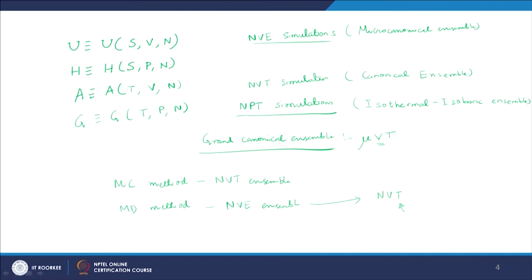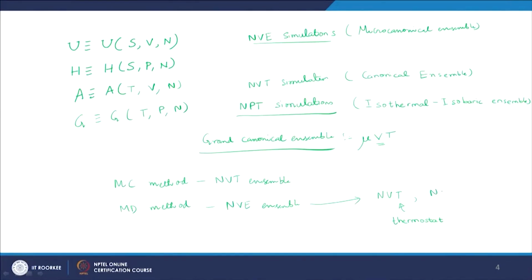Now I want to control the temperature, so I will use something known as a thermostat that will help me control temperature. Although thermostats have a clear experimental analog, in simulations they are implemented a bit differently, and I will not go into details here. Similarly, if I am doing, say, NPT, I will need a thermostat and also a barostat.